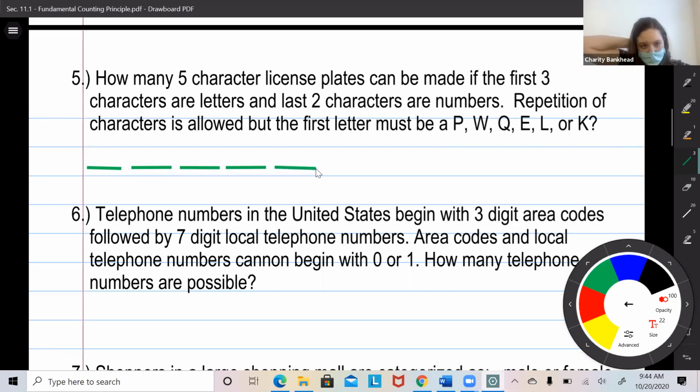So the first three characters are letters. Now the first letter must be one of these. So that's 1, 2, 3, 4, 5, 6 options that you have for the first character.